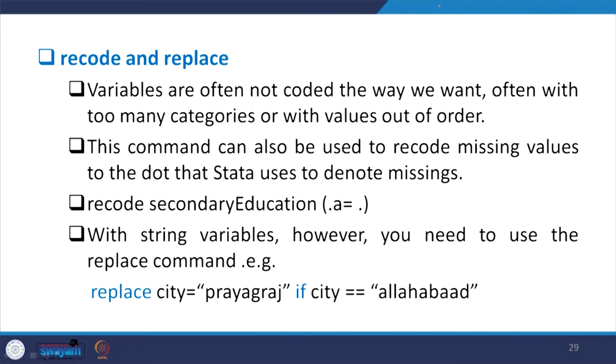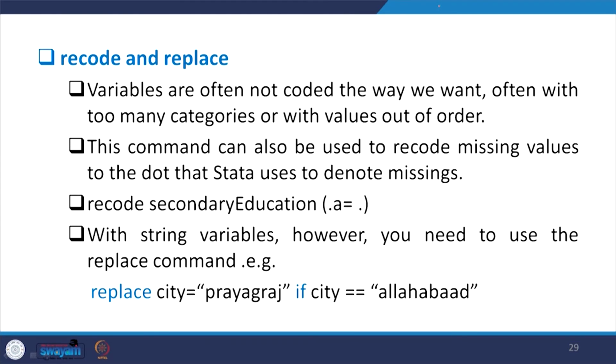All right, I will tell you some sample entries for clarification. Recode secondary education, if secondary education is our variable name. Your command will be recode, then the variable name, whatever variable name you have. If you have a dot a entry, as I just pointed out a couple of minutes back, and you want to read this as a missing value, you simply write dot a equal to dot.